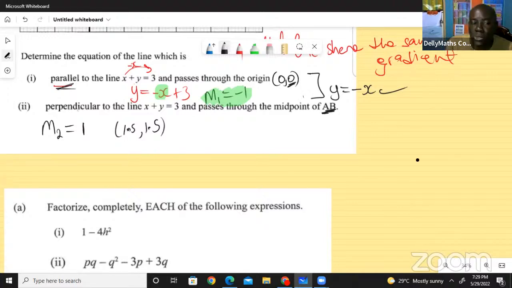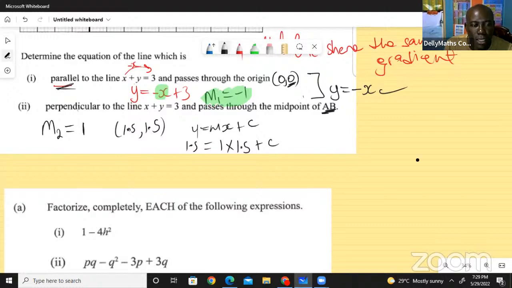So we want to take these two things now and write the equation of that perpendicular line. So then, remember though, y is equal to mx plus c. All right, so we could try to find c by using these. So y, which is 1.5, is equal to m, which is 1, times x, which is 1.5, plus c.